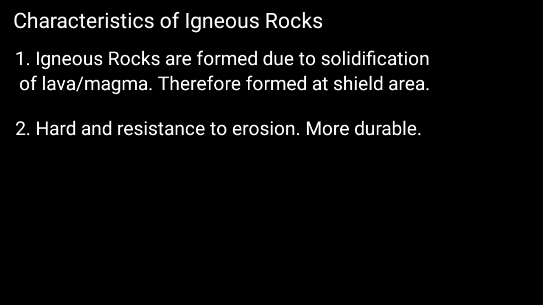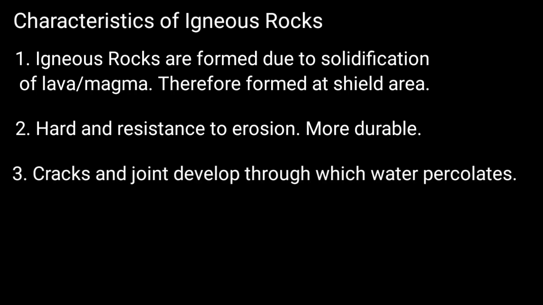Secondly, these are hard and resistant to erosion. Compared to other rocks like sedimentary rocks and metamorphic rocks, igneous rocks are quite hard and take time to erode, whether it is erosion due to the impact of water or due to heat. Therefore they are more durable rocks.